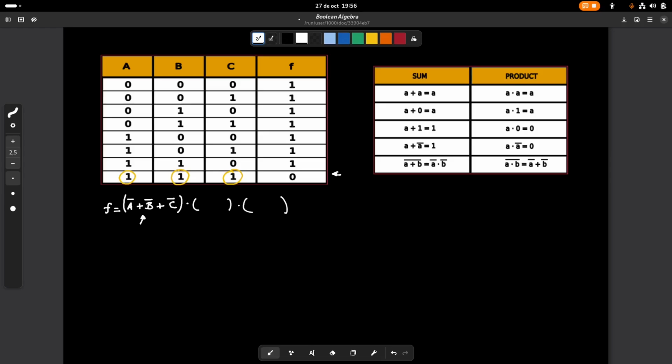Look that in this case it is minimized, as it would be logical to think that we will get this minimized function, because here I have only one row. And this is the same result we get from the previous minimization in the previous case. A negated, or B negated, or C negated.